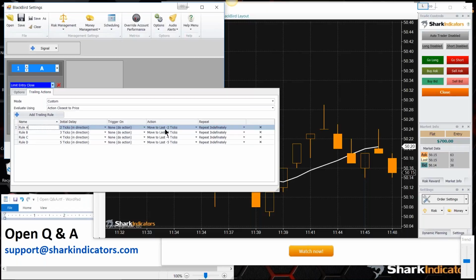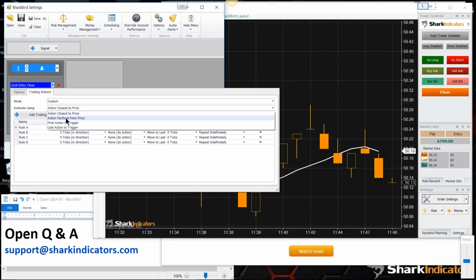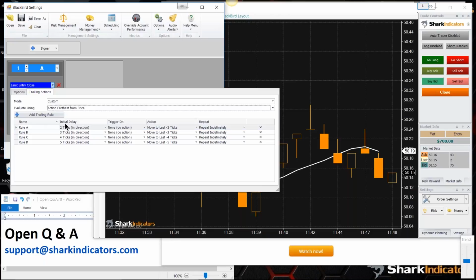That's going to be rule A, because it's the last price minus 2 ticks. It's only 2 ticks away from the last price. And if we use action furthest from price, that would be rule D, the last price minus 5 ticks. So that's 5 ticks away, the furthest from the market price.